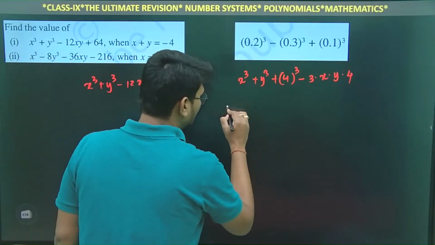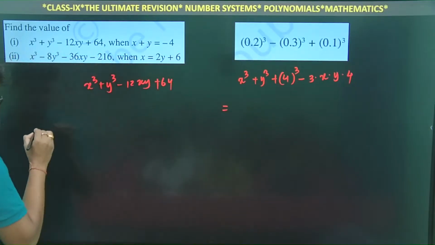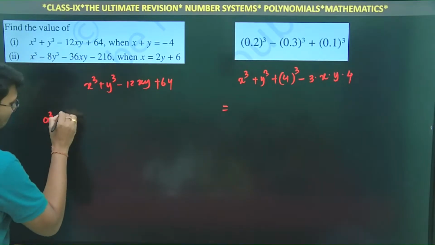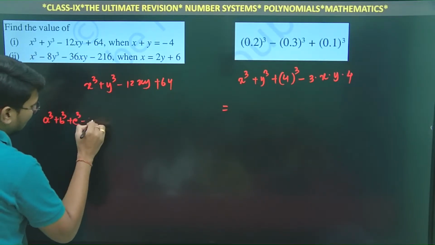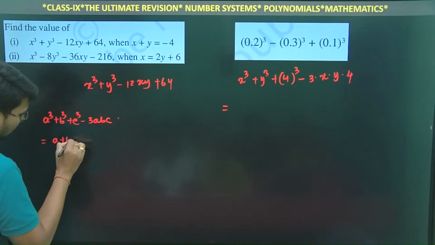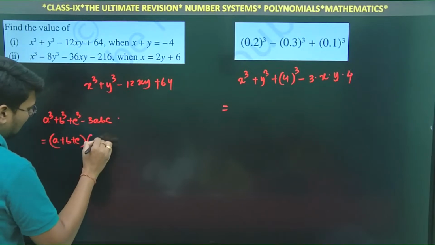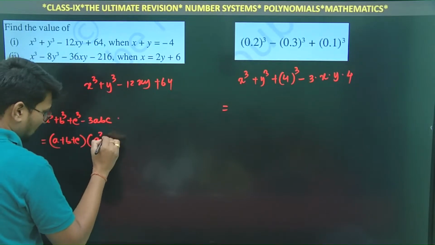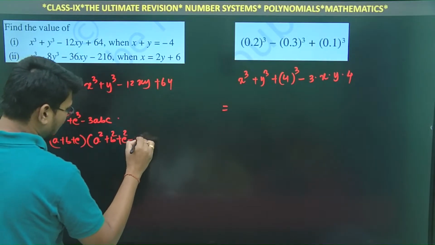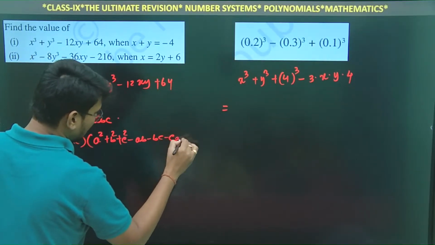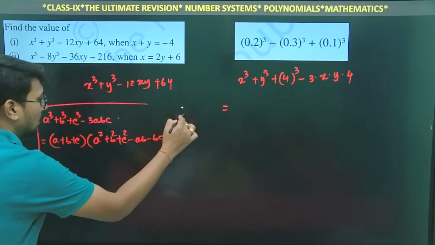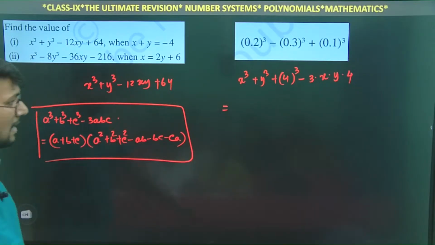You can factorize it, and it comes from the identity a cube plus b cube plus c cube minus 3abc equals a plus b plus c, whole multiplied by a square plus b square plus c square minus ab minus bc minus ca.